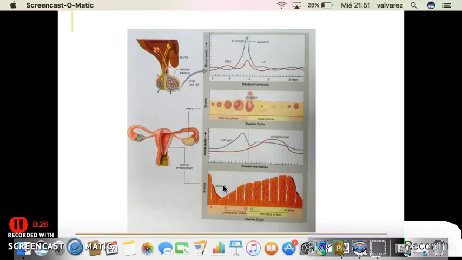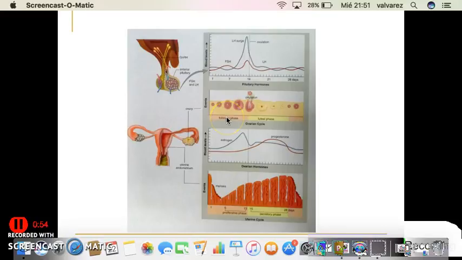In this last image, our goal is to understand how the endocrine system is responsible for controlling the ovarian cycle, and at the same time how, by means of the endocrine system, the ovarian cycle is responsible for what takes place in the uterus of a woman.